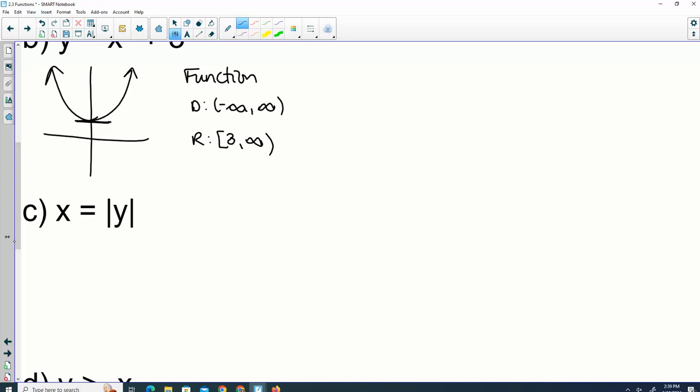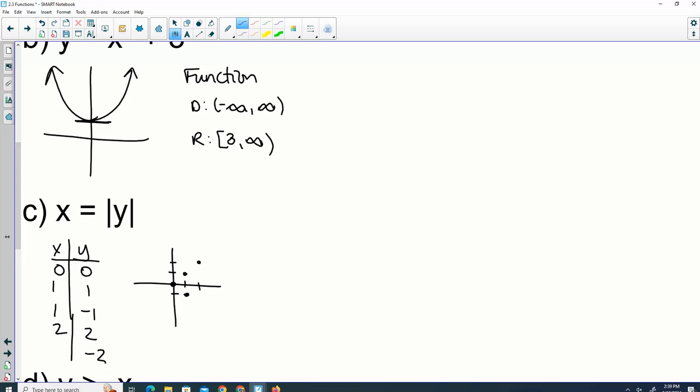If we think about some points, okay, it'd probably be easier to plug in things for y. What is the absolute value of 0? 0. Okay, if I did the absolute value of 1, okay, 1. What's the absolute value of negative 1? So 1, negative 1. Okay, do you see a problem here? You put in 2 for your y, you get 2 out.